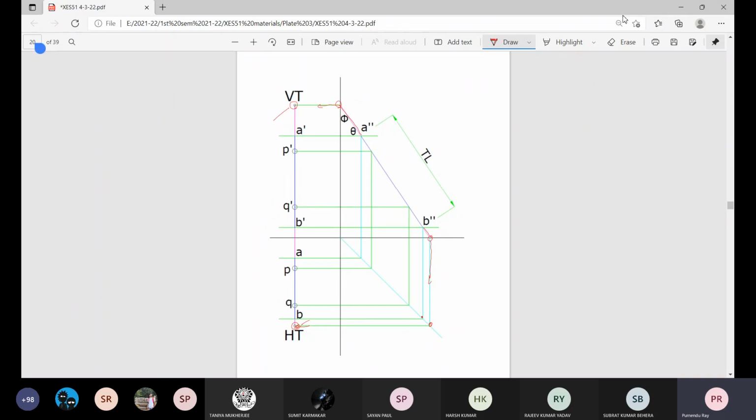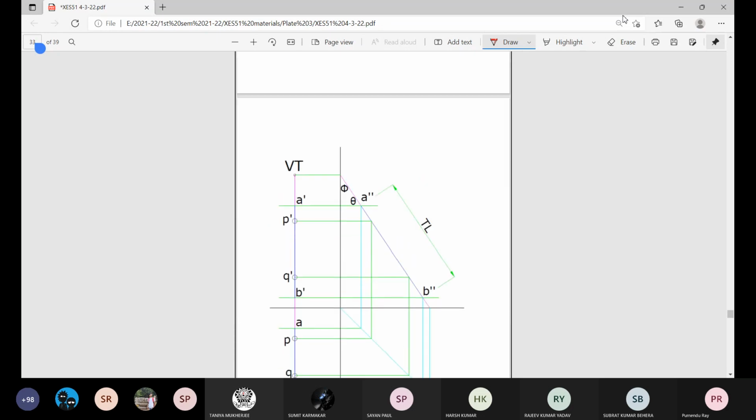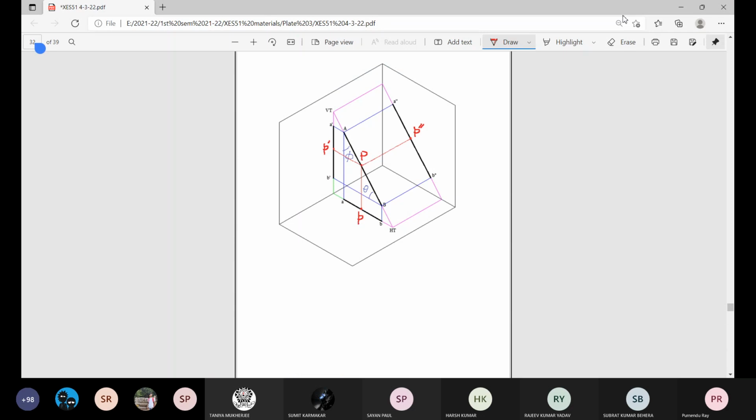So as we have seen in that diagram, here. So extend this end view, extend the plan, get the corresponding HT.